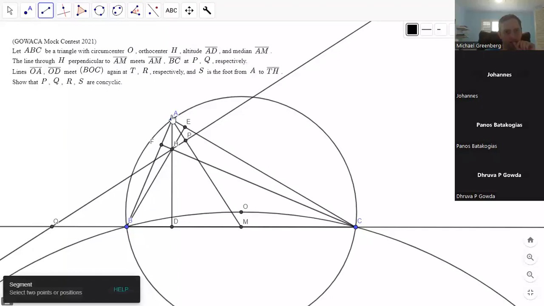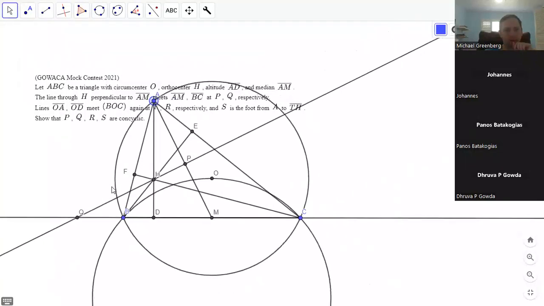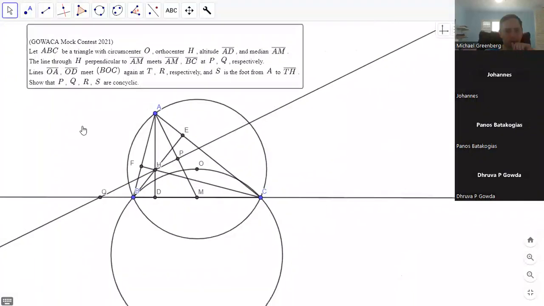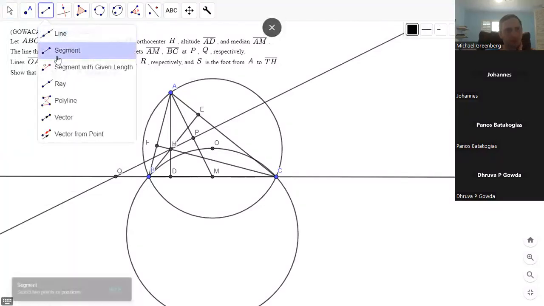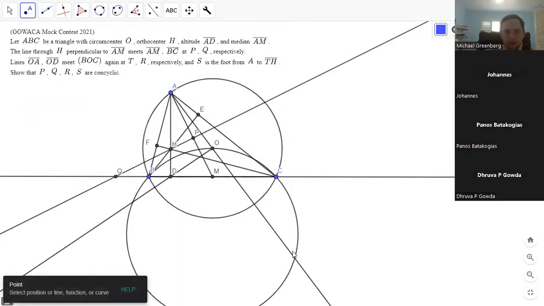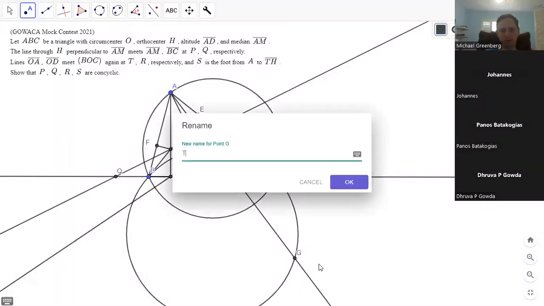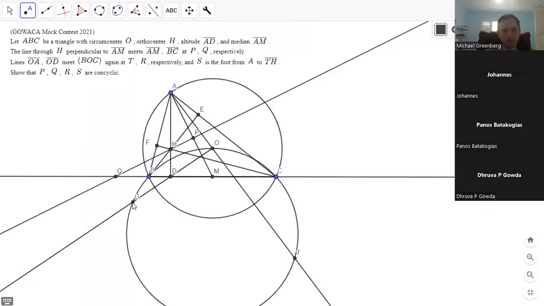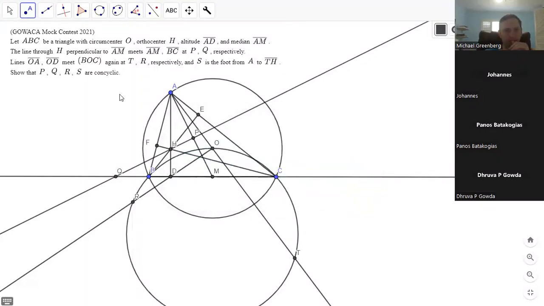And we need to shrink the diagram. So we need to see where AO meets it again. Something more like that. We have OA and OD, and they meet it at T and R. S is the foot from A to TH.